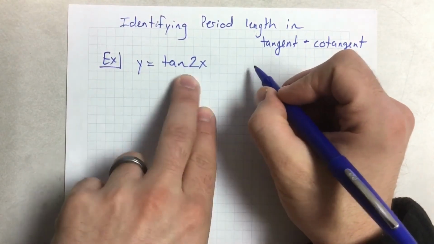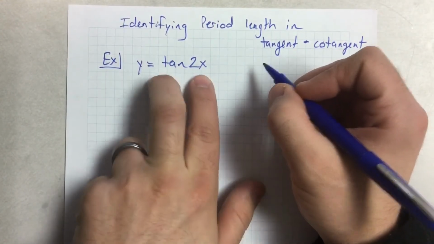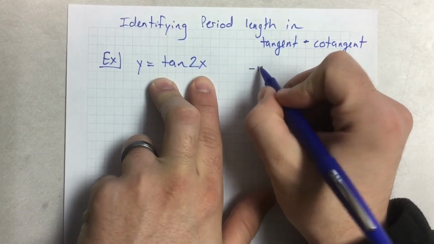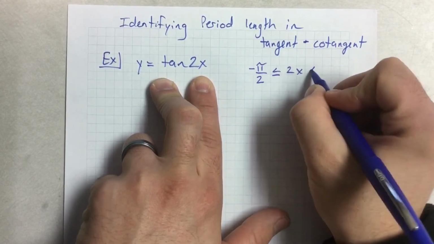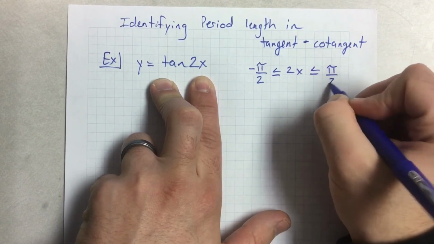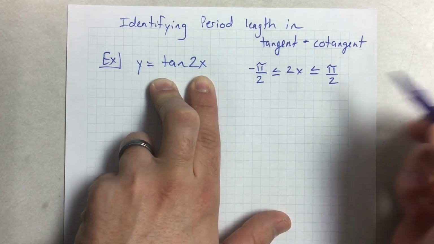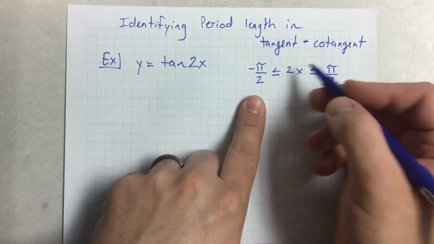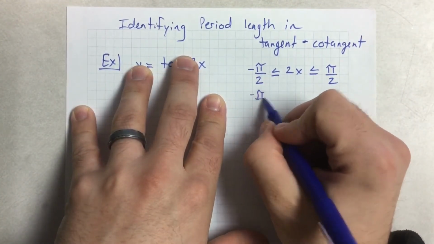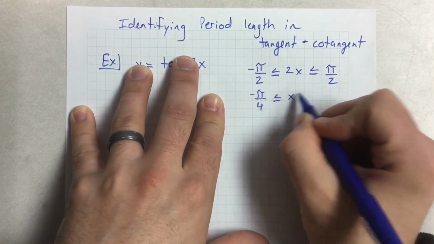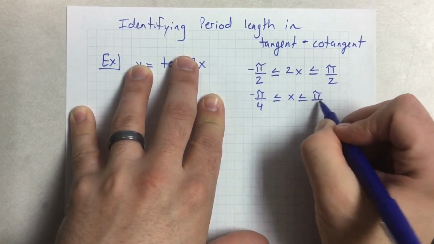But with the period of tangent, we use the basic interval of negative pi over 2 to pi over 2. Okay? So to solve for x, we divide by 2. When I divide both sides by 2, we get negative pi over 4 and positive pi over 4.